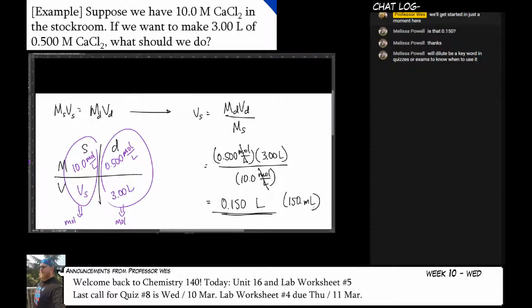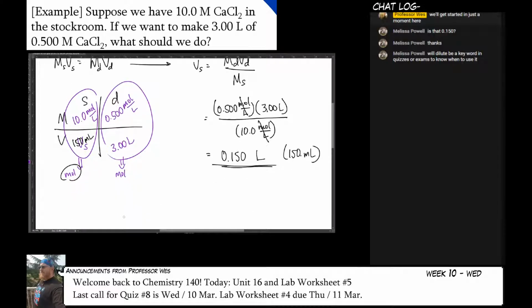So what that's telling me is that if I had 150 milliliters, or 0.150 liters of 10 molar stock solution, I would have the same number of moles in that concentration and volume as I would if I had 3 liters of 0.5 molar solution. The only difference between the two would be water.